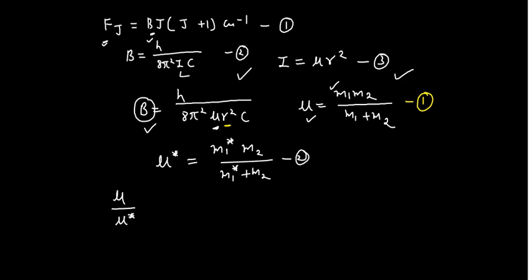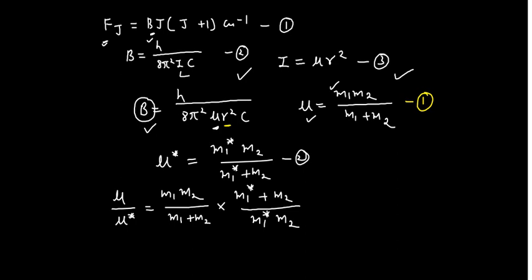That will give you M1 M2 divided by M1 plus M2, multiplied by M1 star plus M2 divided by M1 star multiplied by M2. We are taking the ratio, right? So obviously this thing will change. We are doing a little bit of algebra, nothing else. I hope you understand this much algebra.